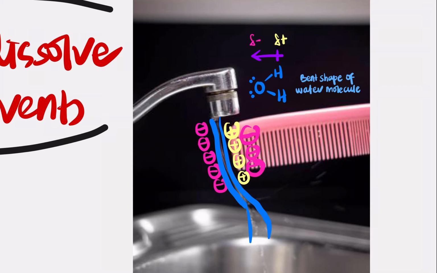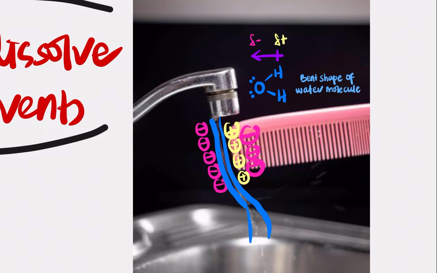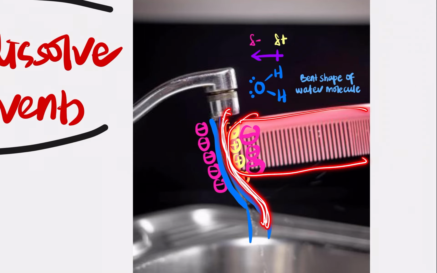Here we can see that it is partially negative on one side right here and partially positive on the other side at this end. This is the partially negative side of your water molecule and this is the partially positive side of your water molecule. That's why this part is attracted towards your negatively charged comb.